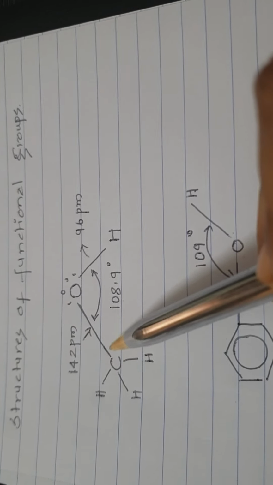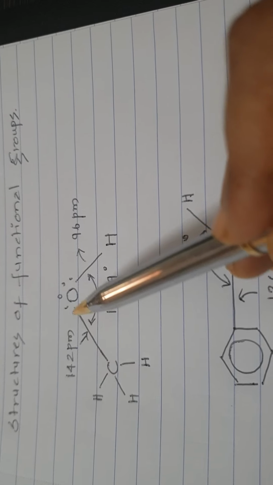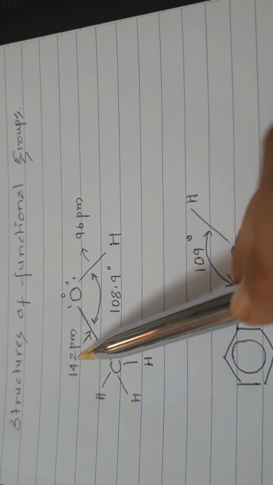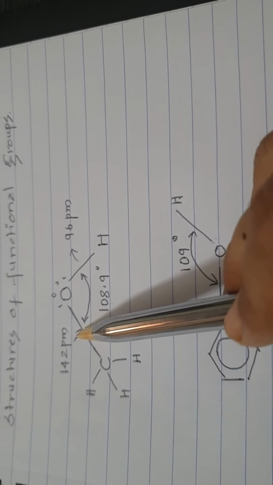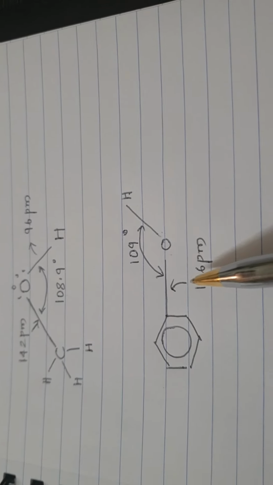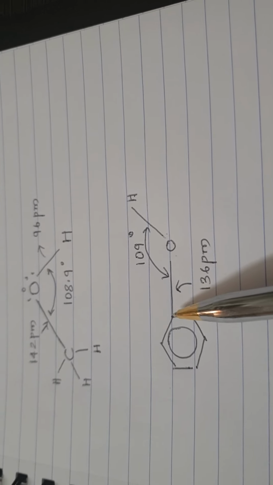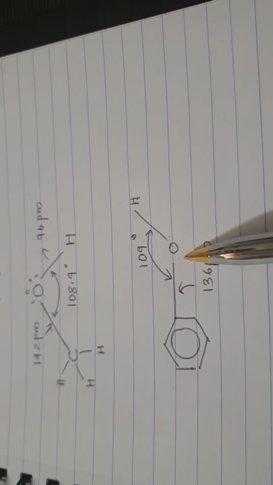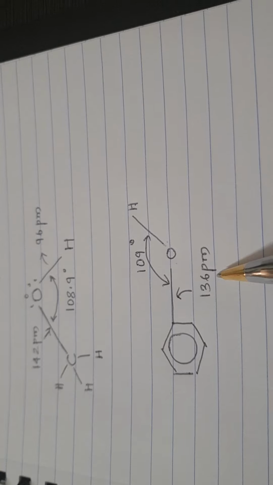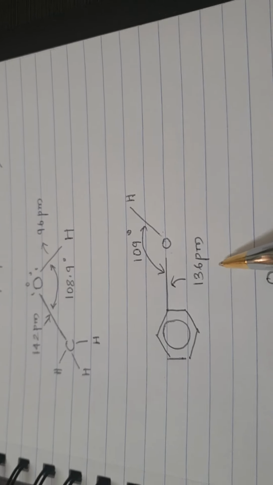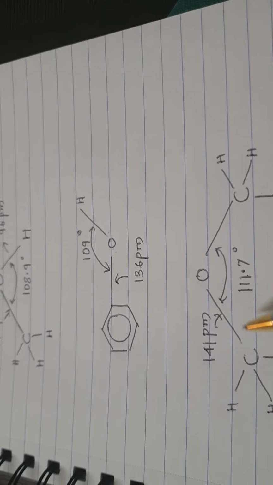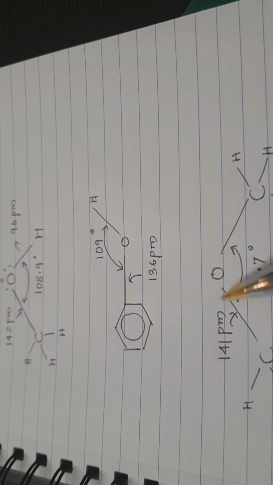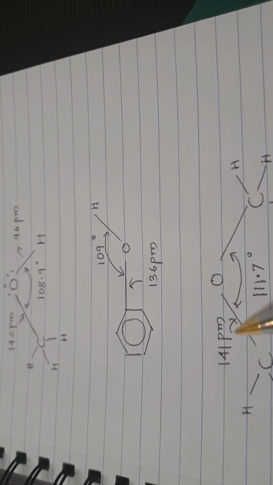In the case of aliphatic alcohol, the bond length between carbon and oxygen is 142 picometer. Whereas in the case of phenols, the carbon-oxygen bond length is 136 picometer, and if we go to see in the case of our ethers, the carbon-oxygen bond length is 141.